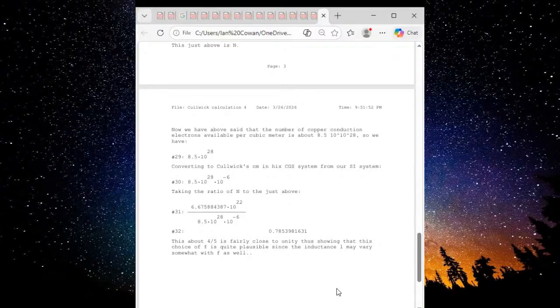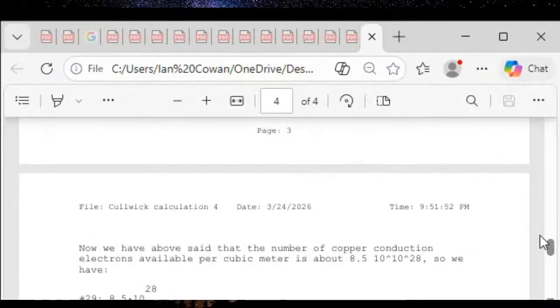And the third was that he had to have his electrons traveling at about 1/20th the speed of light, which is quite far-fetched. But if you introduce a variable inertial mass, then you can make some sense out of all this. So that's about it for the Kullwick thing.